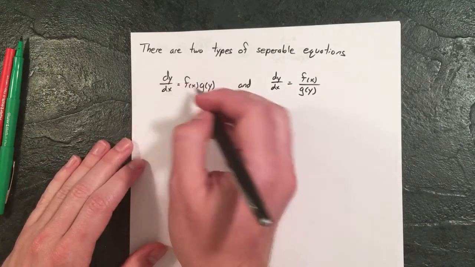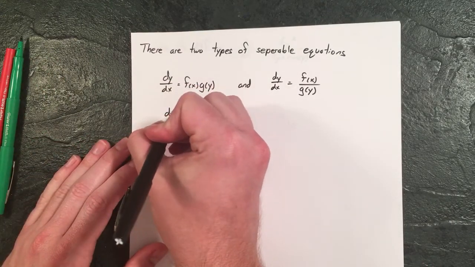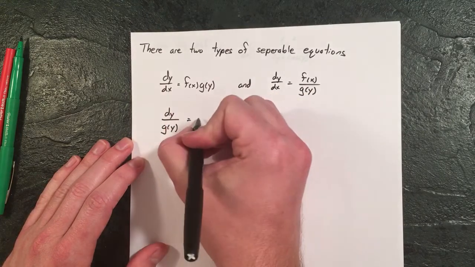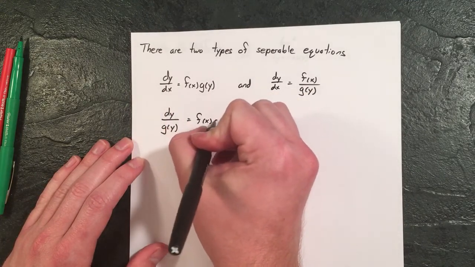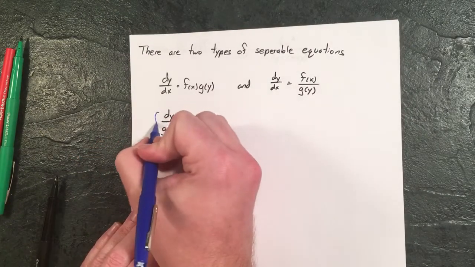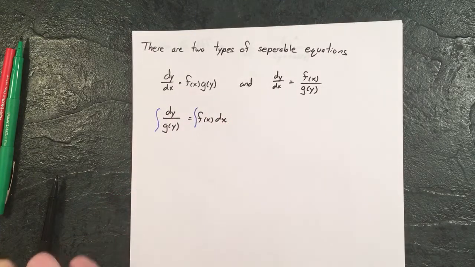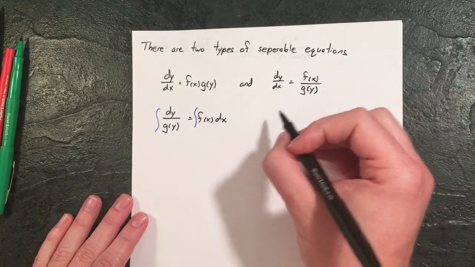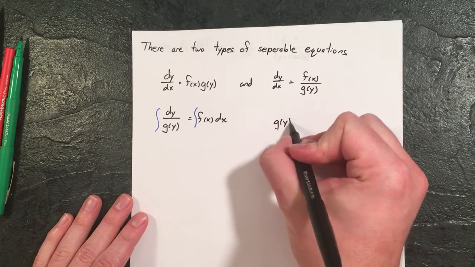So in the first one over here, we could divide by that g of y, and on this other one, we multiply by dx, and then you integrate both sides. Over here, this is kind of like the case we just did.